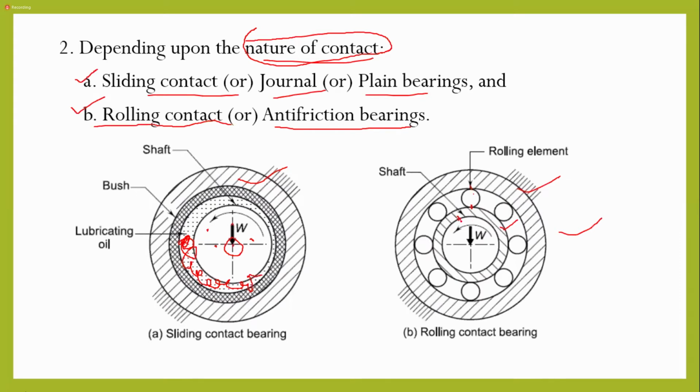And this is directly fixed with the shaft, so there is no gap between the inner ring and the shaft. This will be moving with only a single point. But if we go for sliding contact, we will get different center points. Here it is concentric; all the circles or rings are concentric with each other. There is no changing of the center.